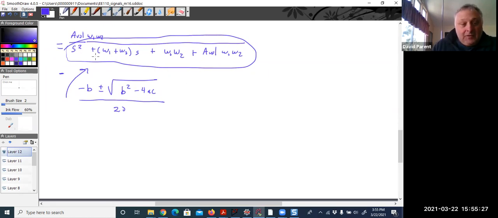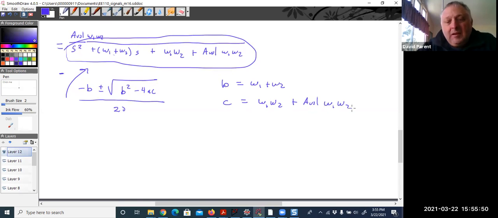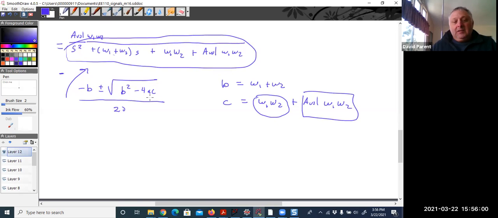And so just looking at it, b equals omega 1 plus omega 2. But now c equals omega 1 omega 2 plus open loop gain times omega 1 omega 2. All right. And before, c was just this value, but now we've added something to it.